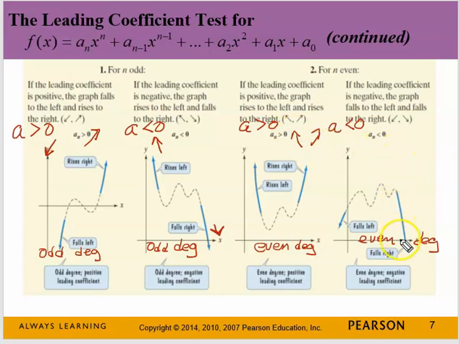Now, if it's an even degree but negative, it's going to start low, go up, but will also end down. So arrow this way, arrow this way. Again, lots of stuff to remember, but if you have the basic items written down somewhere, it's something you can study.